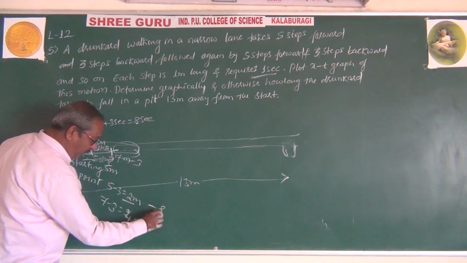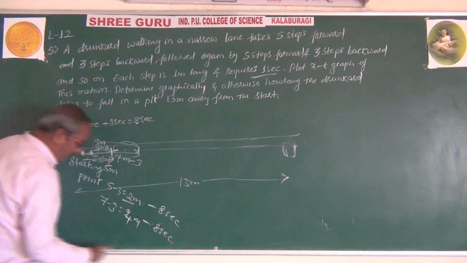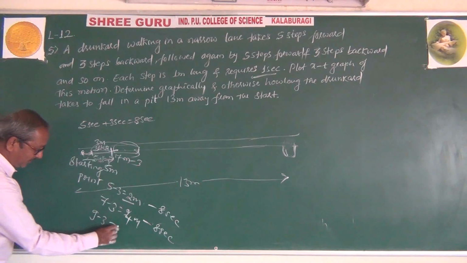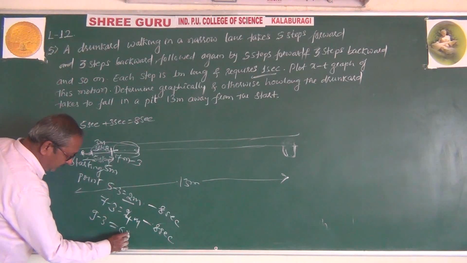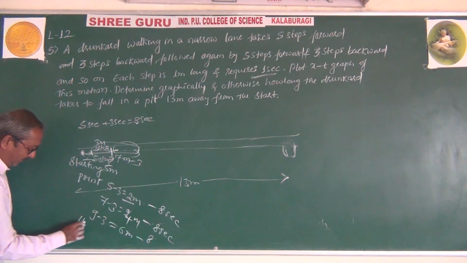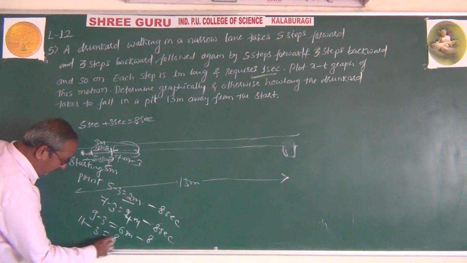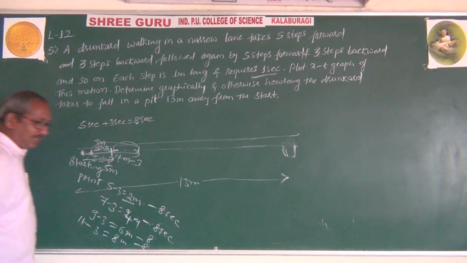So 4 meters, for 8 seconds. Again 8 seconds, then later 9 minus 3 equals 6 meters, for this again 8 seconds. Then 11 minus 3 equals how much? 8 meters, again for 8 seconds.